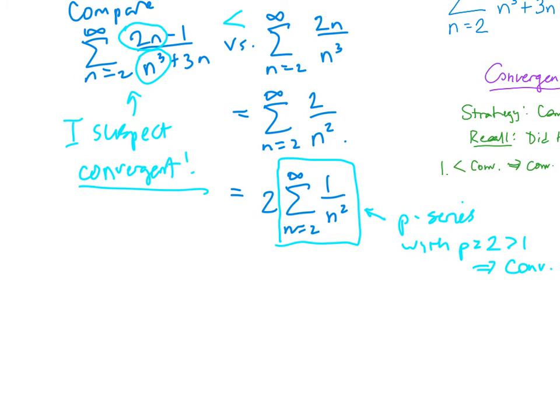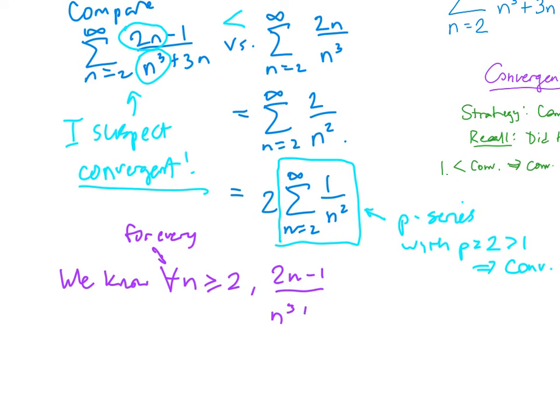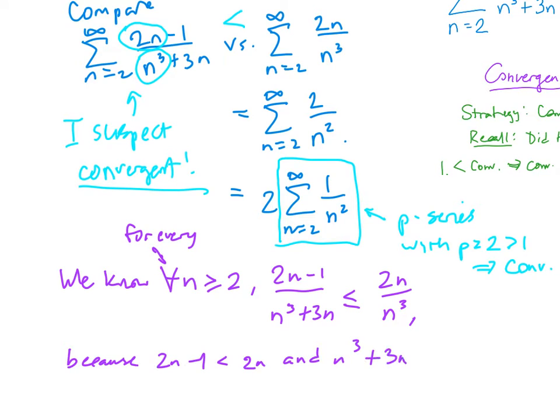Now I'm just going to write this down verbally, because I feel like all these arguments should have some verbal component to them. We know that for every n, remember this means for every n greater than or equal to 2, since the summation started at 2 anyway, (2n minus 1) over (n cubed plus 3n) is less than or equal to, and in fact I could say less than if I wanted to, 2n over n cubed, because 2n minus 1 is less than 2n, and n cubed plus 3n is bigger than n cubed.